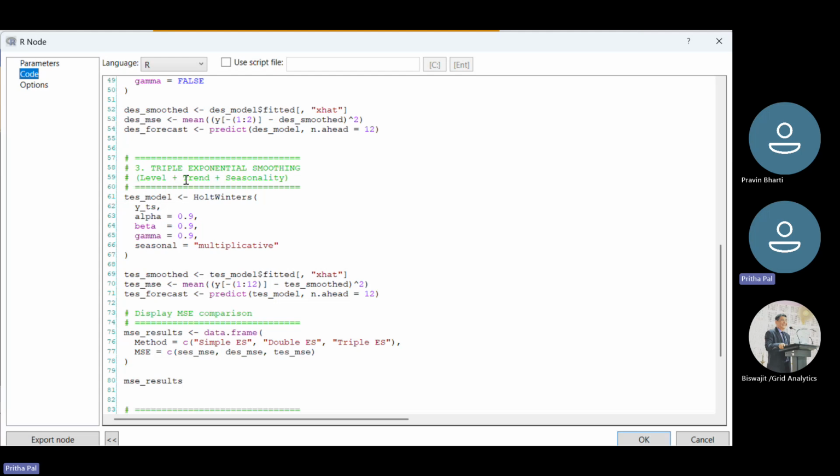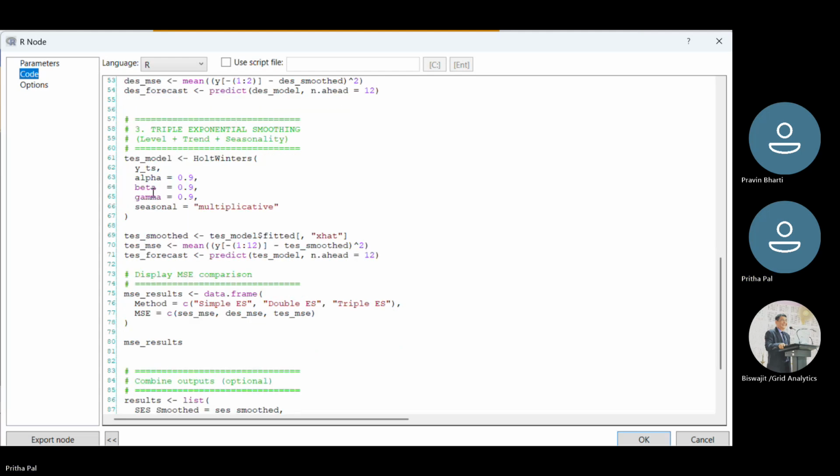Next, I have written the command for the triple exponential smoothing. The function used here is Holt-Winters, and all three coefficients for the simple, double and triple exponential smoothing are taken as 0.9. Here seasonality is also added, so seasonal is equal to multiplicative, because we have seen that our data is multiplicative in nature.